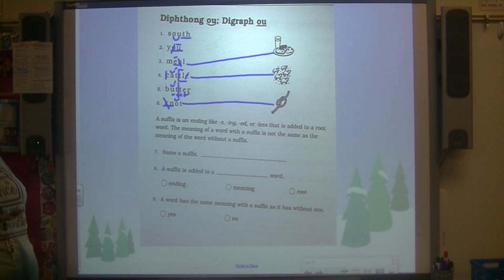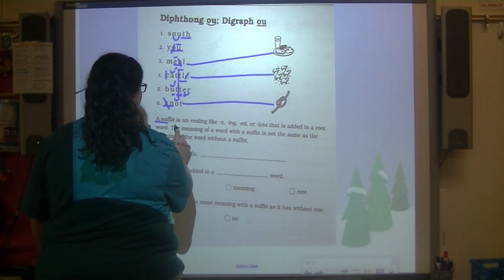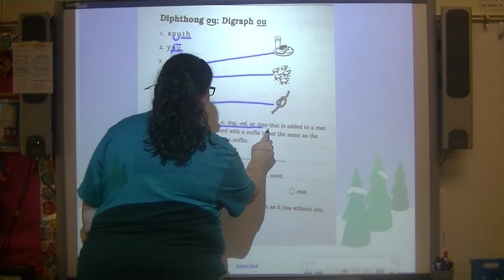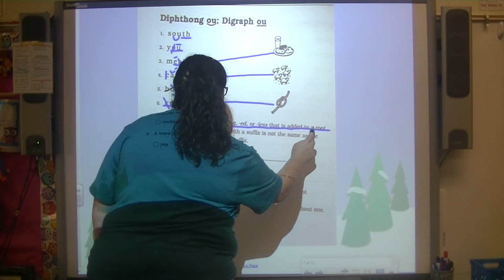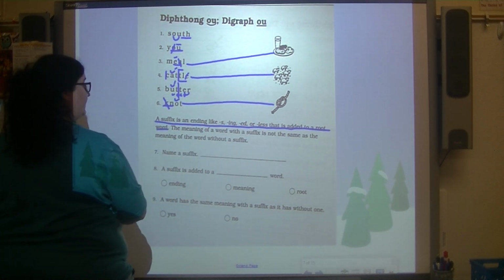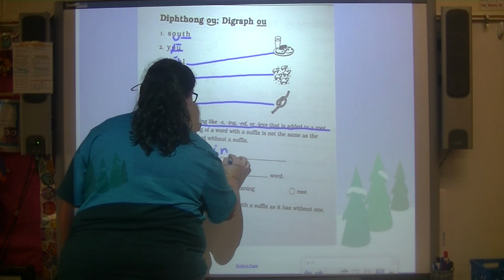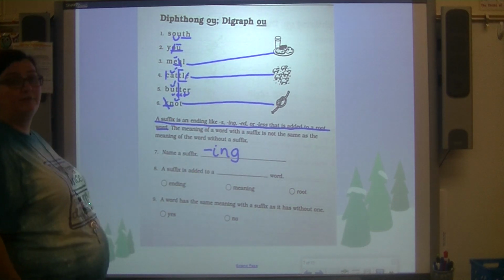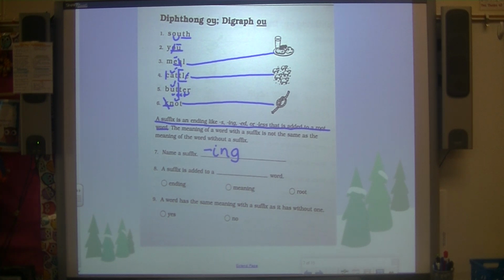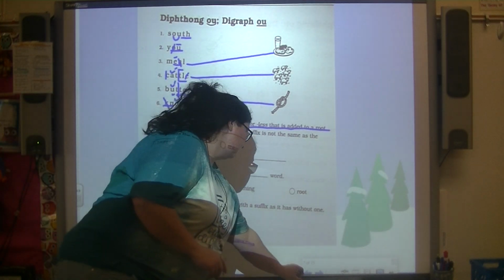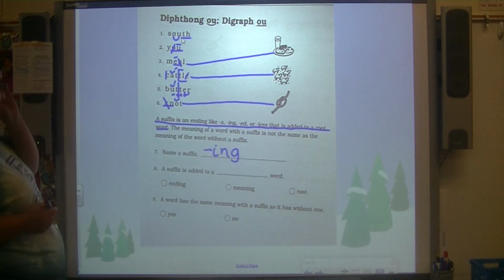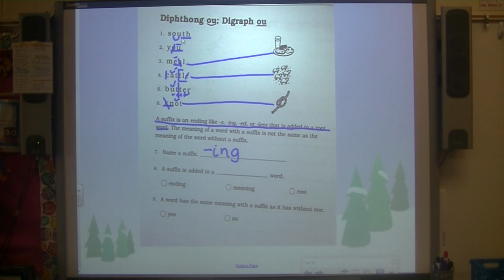All right, the first sentence gives you a whole set of suffixes. A suffix is an ending like s, ing, ed, or less, added to a root word. So I'm going to pick ing. You could pick any of them. Number 8.